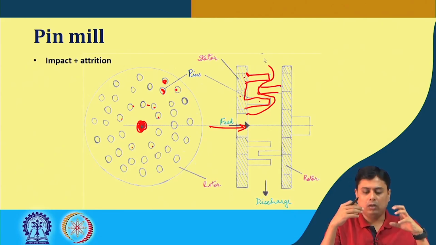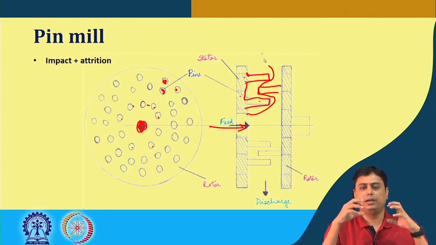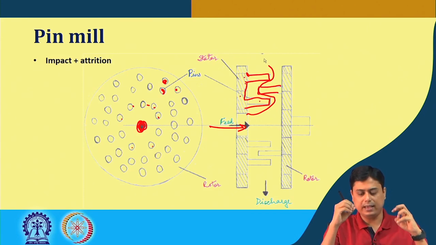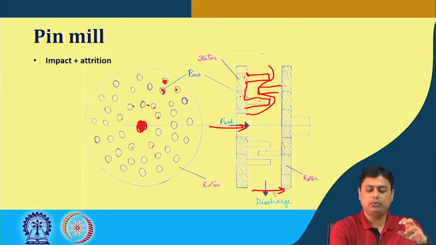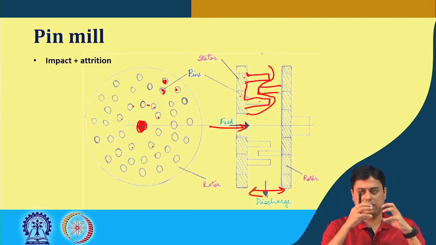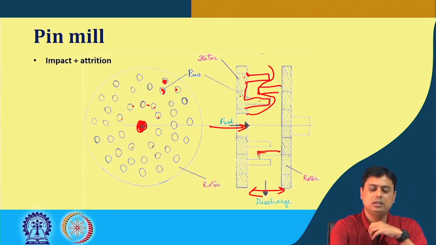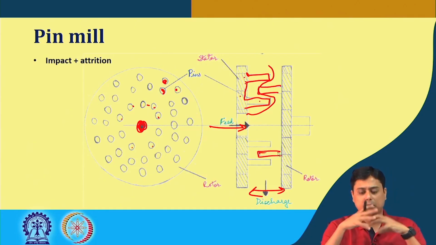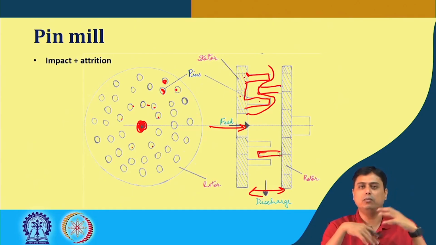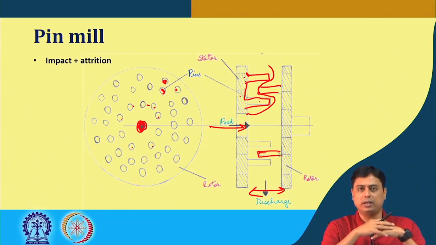Depending on the loading, the solids concentration and solids size, the distance between these two plates can be varied or has to be varied, because these teeth should be able to withstand that much wear and tear while moving and crushing those solid particles.